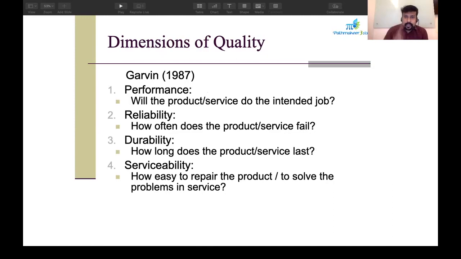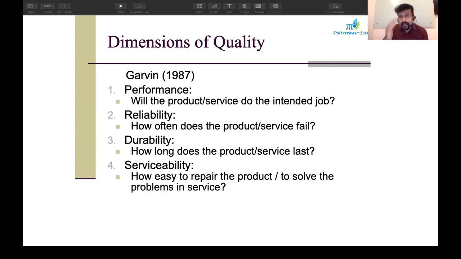The first dimension is performance. Will the product or service do the intended job? So what are the intended jobs for a particular product? That should be fulfilled. The basic job.